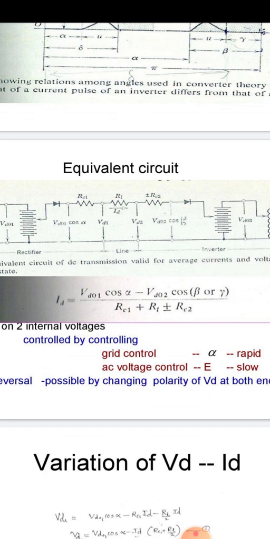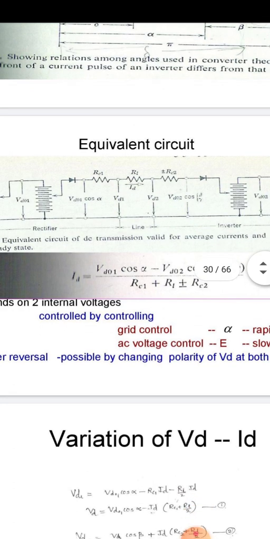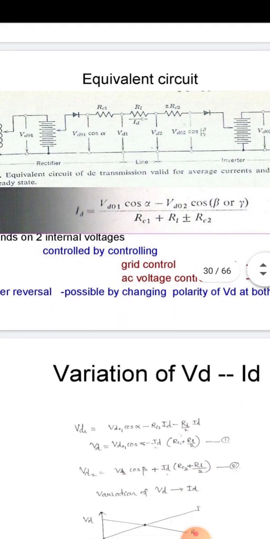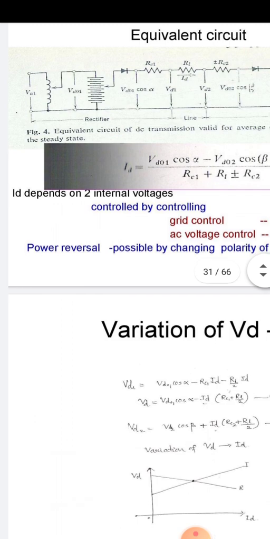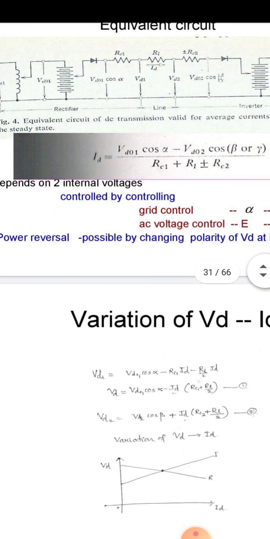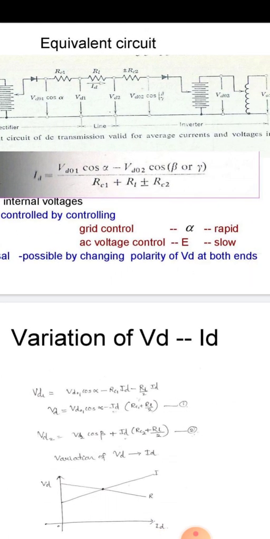That equivalent circuit says ID equals (VD01 cos alpha minus VD02 cos beta or gamma) divided by (RC1 plus RT plus or minus RC2). ID depends on two internal voltages. That internal voltage is the grid control and the AC voltage control. Grid control means alpha, and alpha is the firing angle.